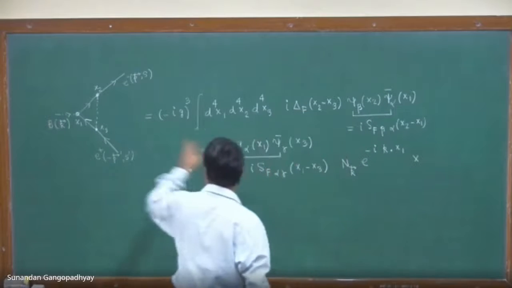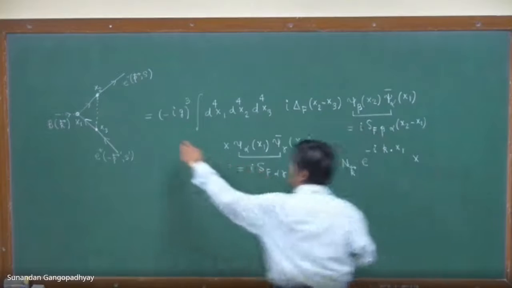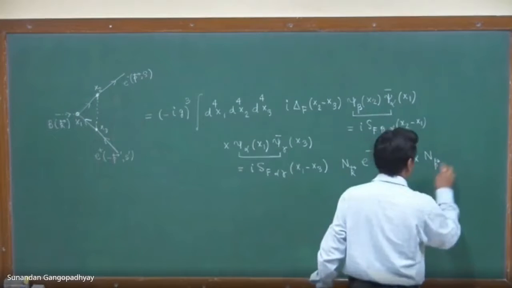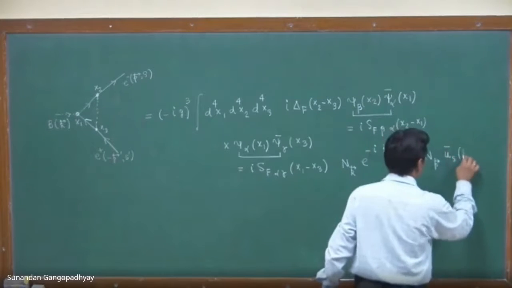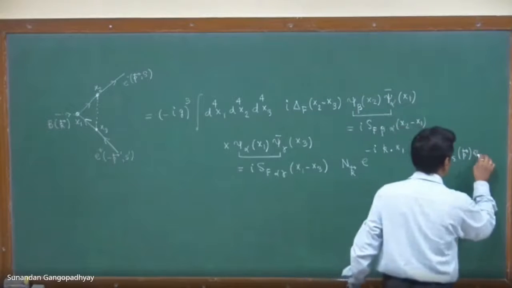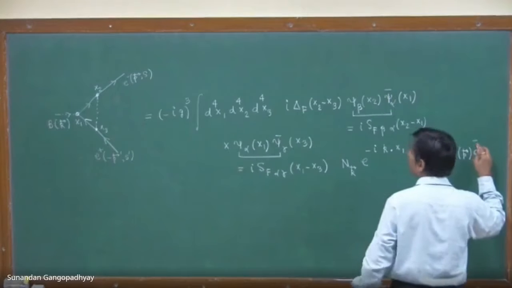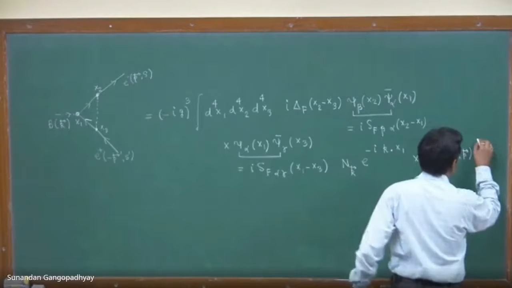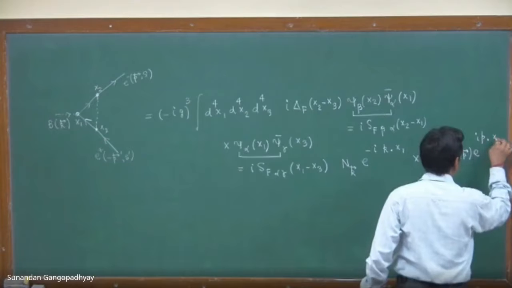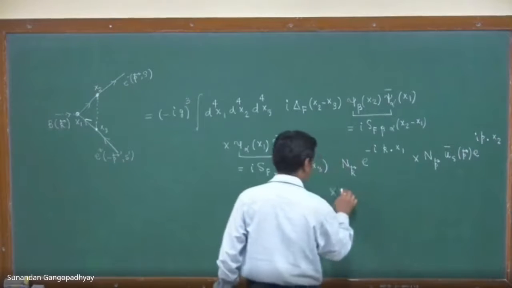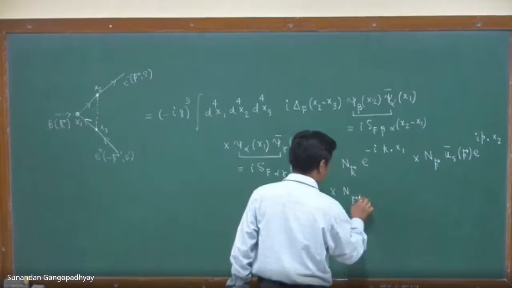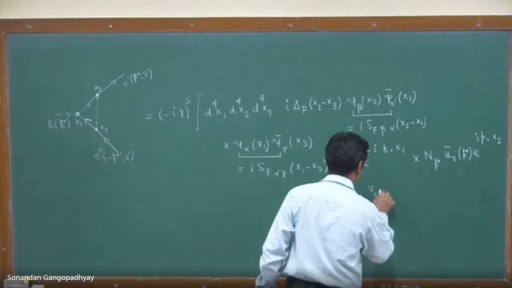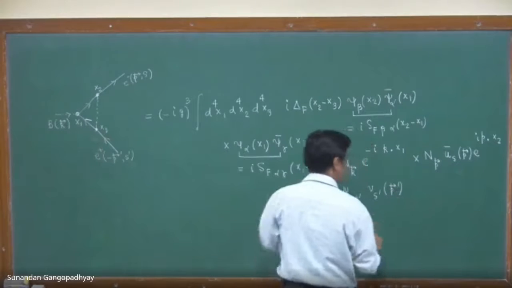For the external lines for the electron and positron, we will have N_p u bar_s(p) e to the power of minus i p dot x2, and then the equation for the positron at x3 using p_s prime.